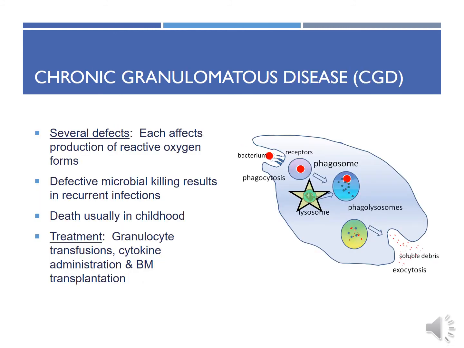The first defect in neutrophils we're going to talk about is chronic granulomatous disease, or CGD. This diagram shows a normal phagocyte. It will engulf the bacterium into the phagosome, create a phagolysosome, and these lysosomes will start to digest that bacteria, and then it will excrete the soluble debris through exocytosis.